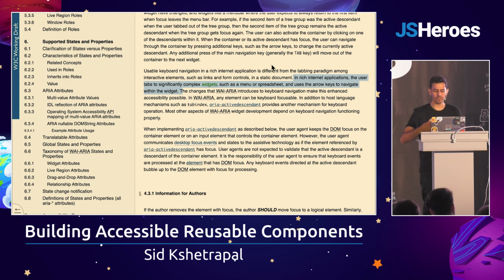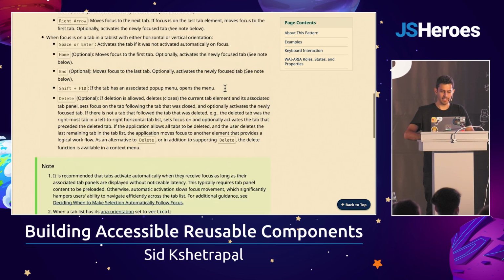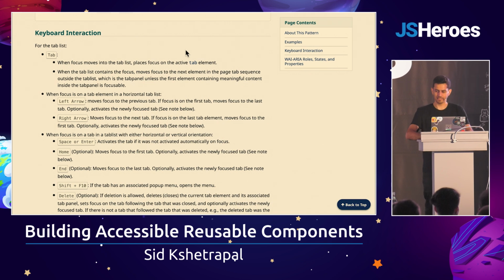And then you can use arrow keys to navigate within the widget. And it kind of just leaves it at that. So it doesn't really say which arrow keys. So does that mean we can like pick our own? Maybe it's just like 1, 2, 3, or it's like arrow keys, or it could be anything, right? Because it doesn't really say too much. It could be down and up. And this is where the APG comes in. And the interesting part is, this is kind of how our industry develops.